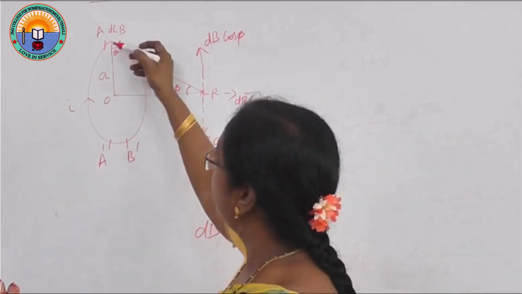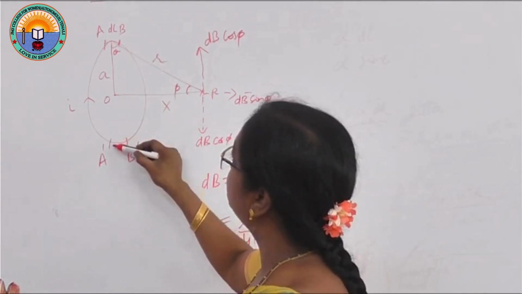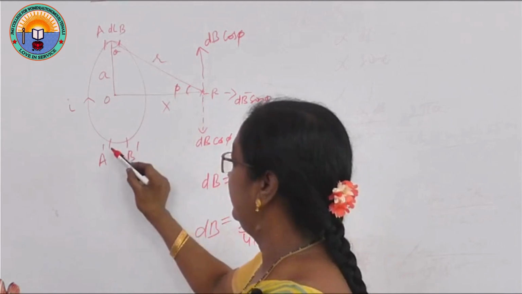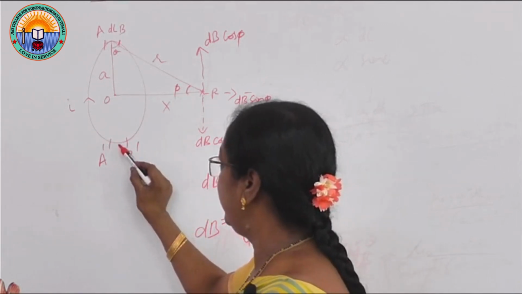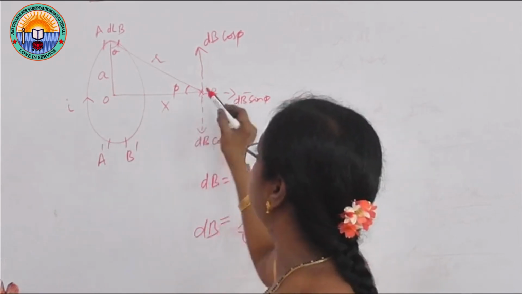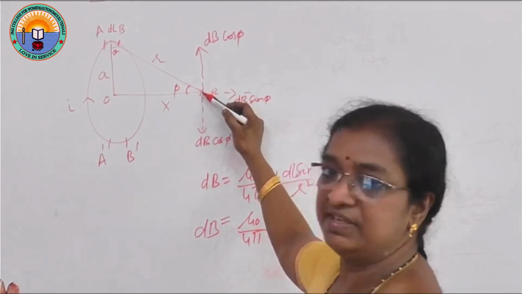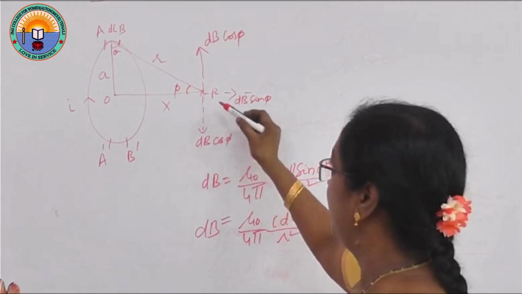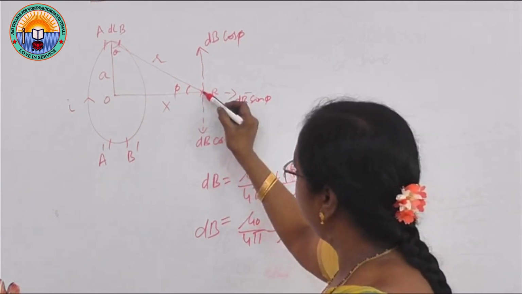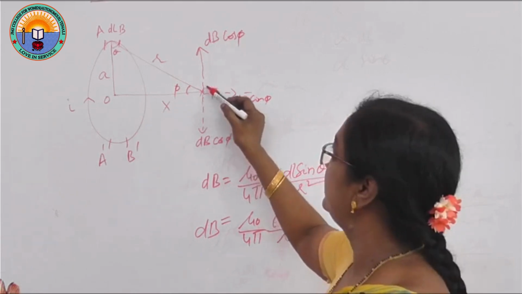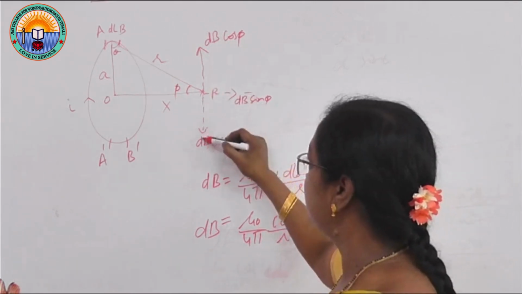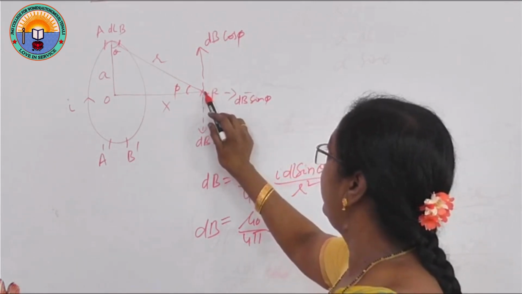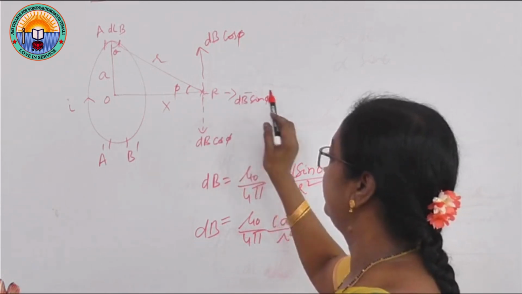If we consider another element diametrically opposite to this element AB, this A dash B dash element also produces the same magnetic induction at point P. Then dB can also be resolved into two components. The perpendicular component will be like this, dB cos phi, and the parallel component will be along the axis.